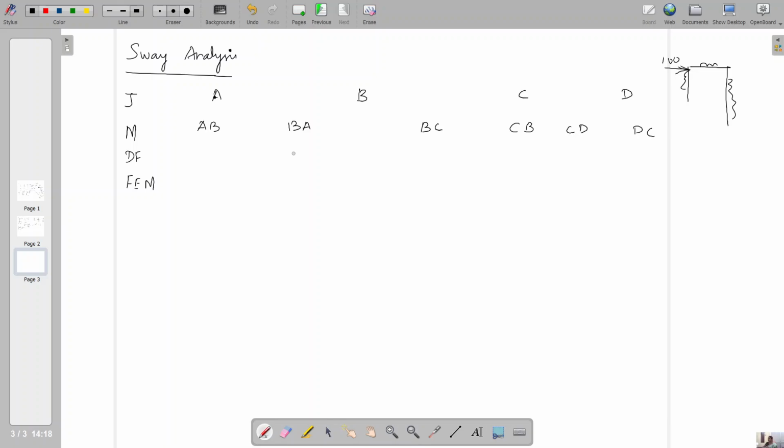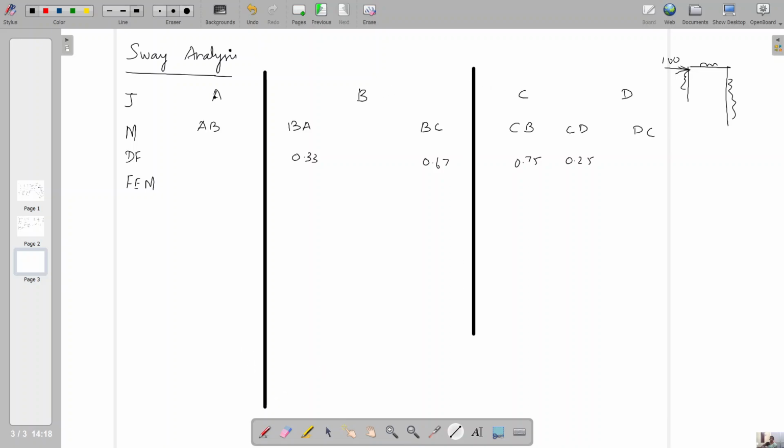Distribution factors we have calculated as 0.33 for BA, 0.67, 0.75, 0.25. So we can make a table for our convenience.